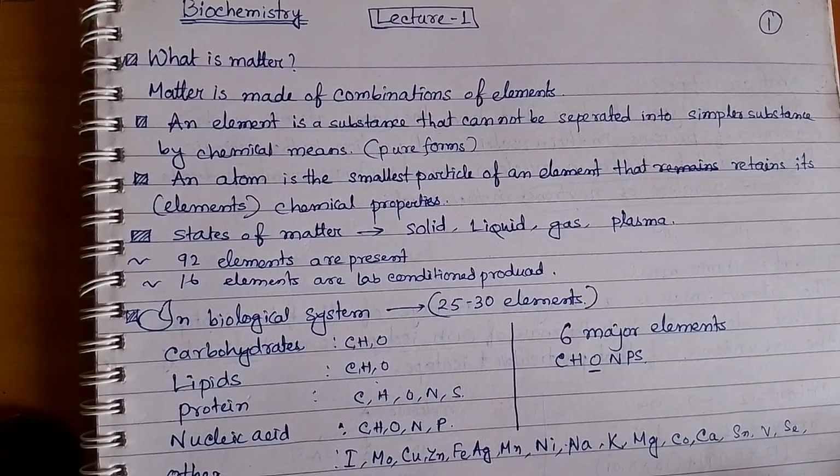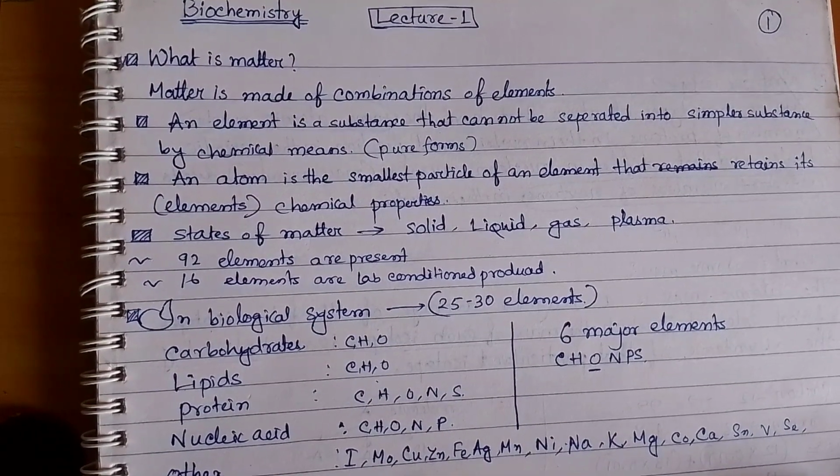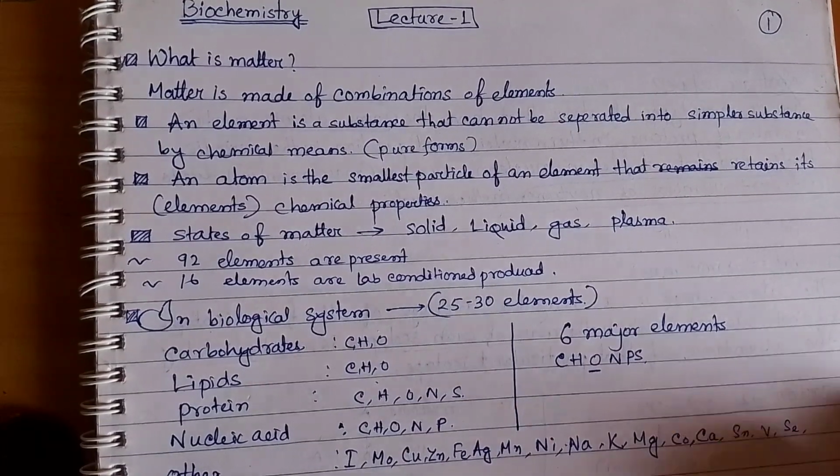In present study we know of 92 natural elements, along with 16 elements produced under lab conditions.